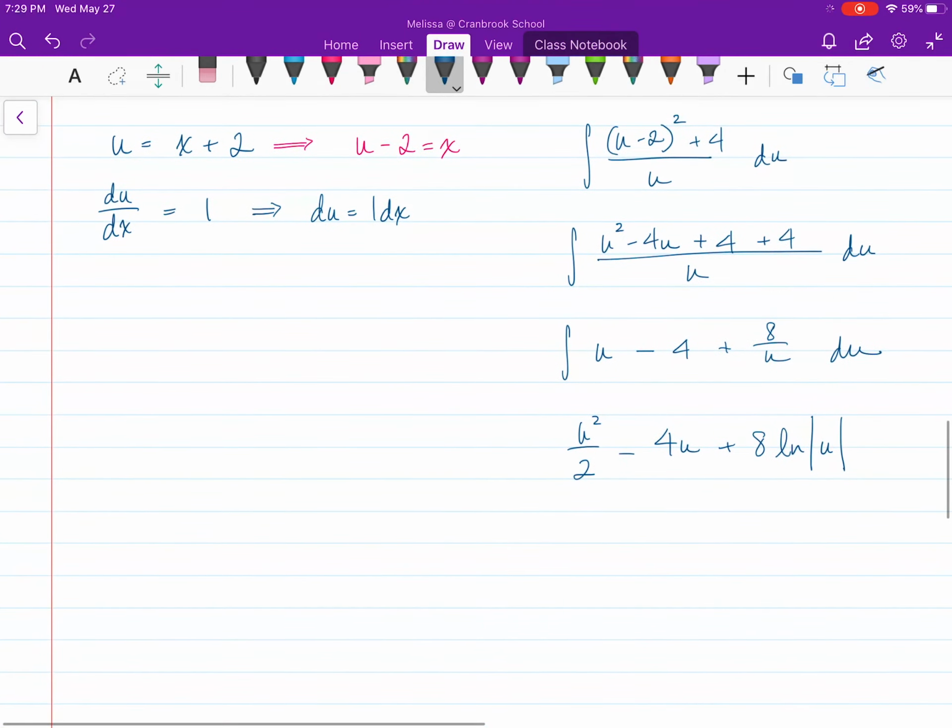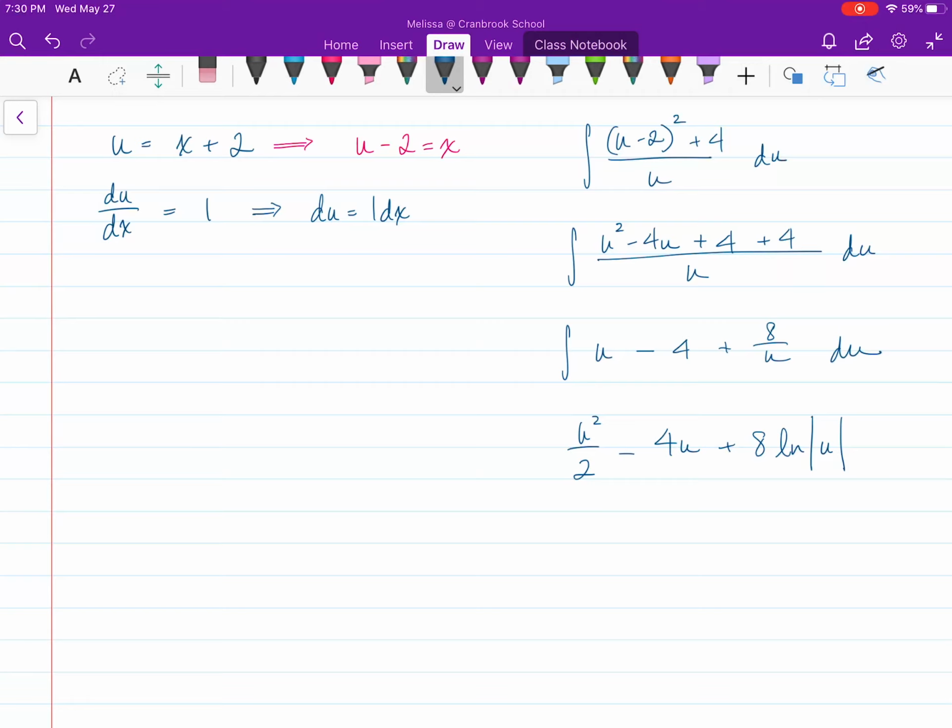And in this case, a lot of people, again, not paying attention to detail, working too fast, believe they're done, tack on the plus c and move on. Or if this was a definite integral, another area to pay attention to is making sure that you change your upper and lower boundary that was in terms of x to in terms of u, so that then you can evaluate appropriately.